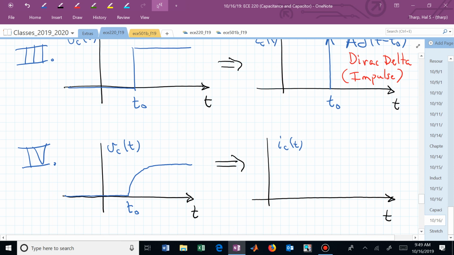One more. What's I sub C look like for this application of voltage to our capacitor?